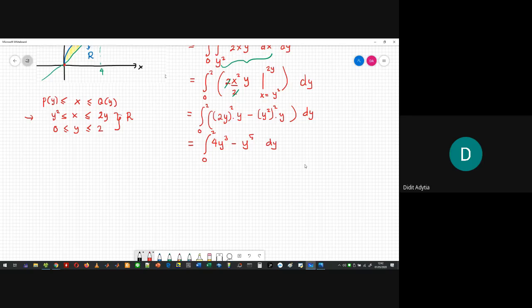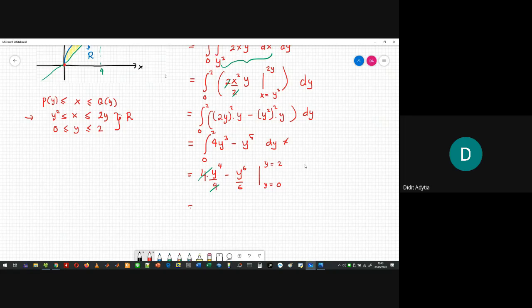Okay, the dy we integrate, let me do it here. So y to the power of 4 divided by 4 times the 4 constants. Okay, then y to the power of 6 divided by 6, and then y itself is from 0 to 2. Okay, so what do we have? I erase this.